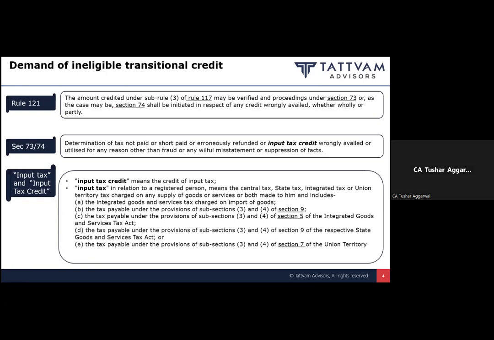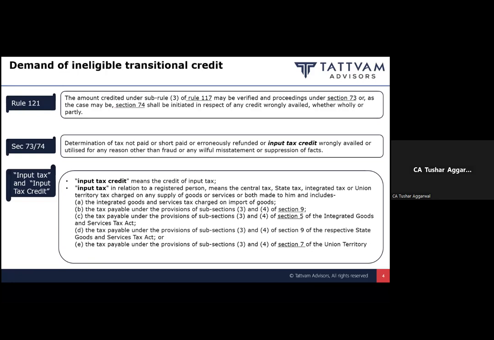Now let's go to Rule 121. Somebody can say, okay, 73, 74 deal with ITC only, but we have a reference in Rule 121. Let's see what Rule 121 says. The amount credited under sub-rule 3 of Rule 117, that deals with transitional credit, may be verified and proceedings under section 73 or, as the case may be, 74 shall be initiated in respect of any credit wrongly availed, whether wholly or partly.